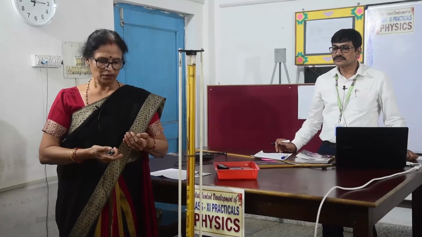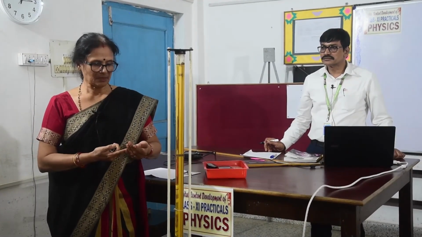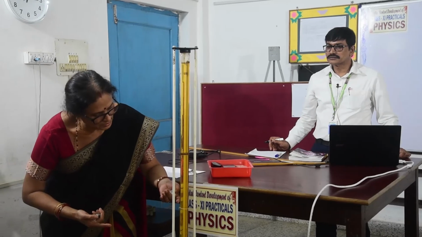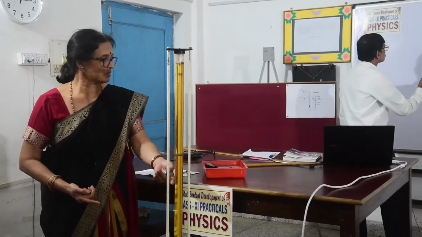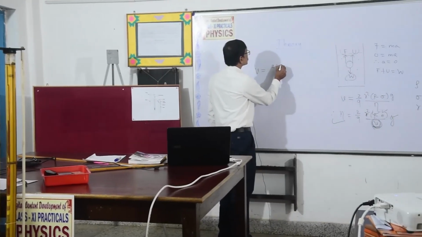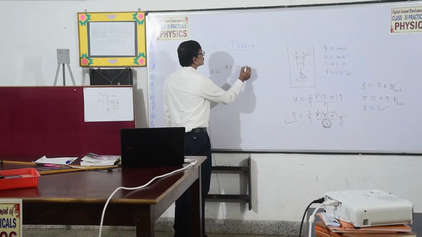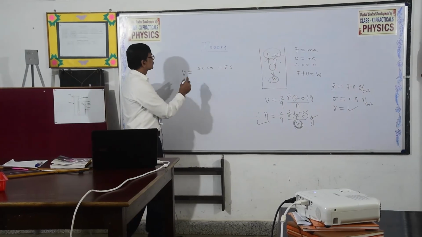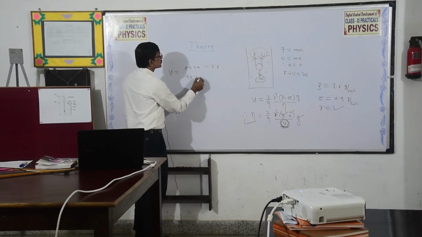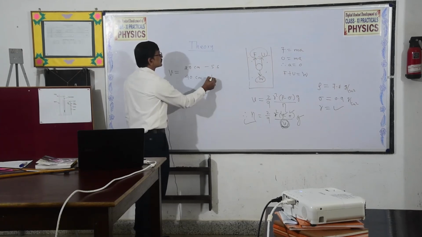Now, in one case it comes to be 5 seconds for covering a distance of 20 centimeter. 20 centimeter is covered in 5 seconds, and in the other one, a total distance of 40 centimeter is covered in 10 seconds.